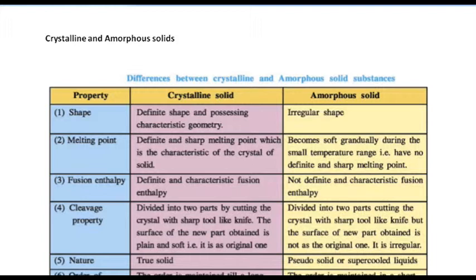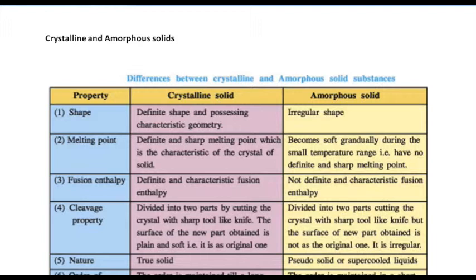First, shape. Crystalline solids have definite shape and possess characteristic geometry. Amorphous solids, on the other hand, have irregular shape.